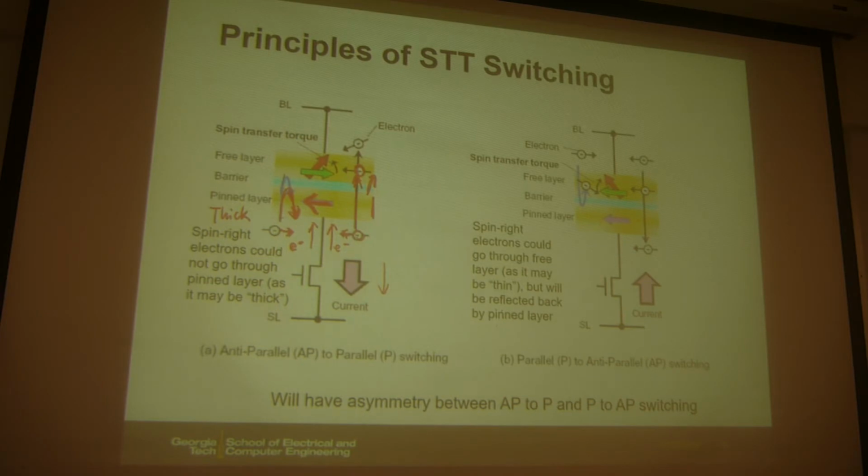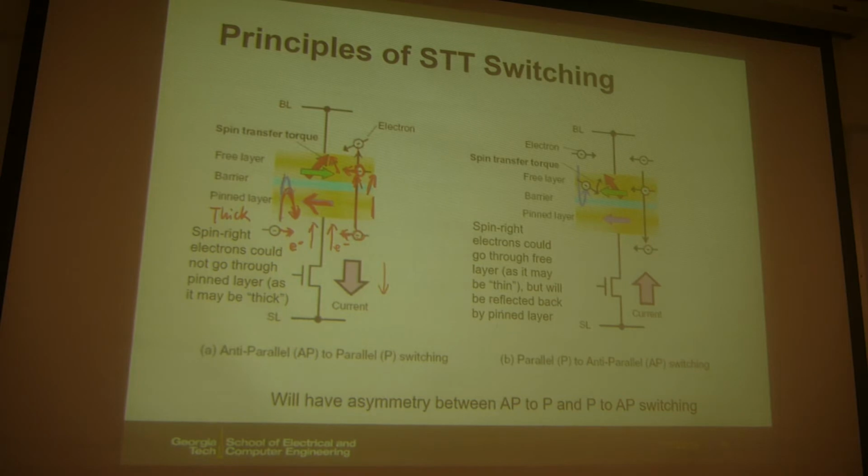So as the electrons enter the free layer, as they travel through the free layer, these left-pointing electrons will insert a torque to the free layer to flip the free layer's orientation from the right to the left, because the electrons here are pointing to the left, and you have so many electrons pointing to the left traveling through the free layer.